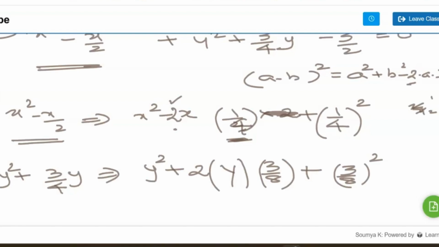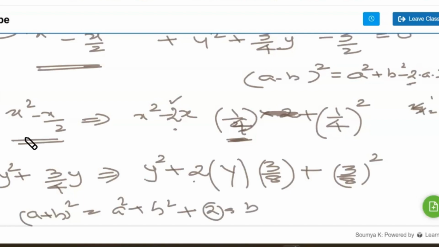Similarly, the a plus b the whole square formula we have to apply here. See here, y square is as such, and you can see the 2y term is there: a square plus b square plus 2ab. This 2 should be there, 2 is written here, a is y, and b will be 3 by 8. Why? Because when you simplify it, 2y into 3 by 8, 1 by 4, again it will be 3 by 4 without affecting the equation.